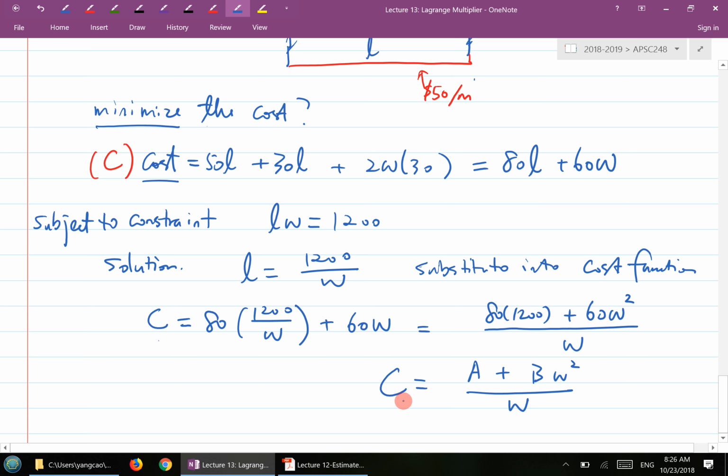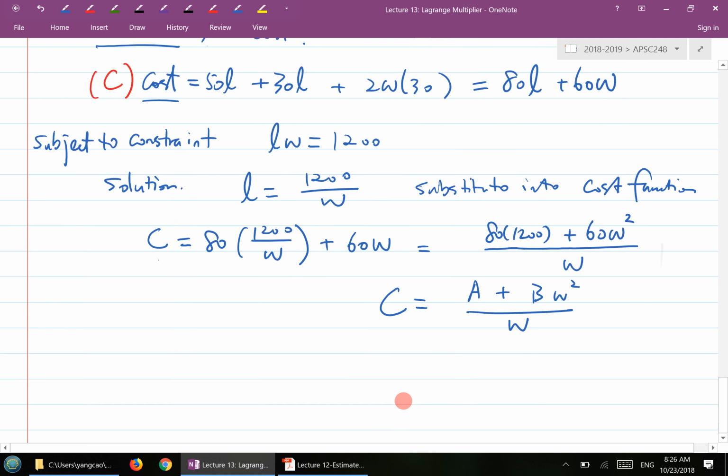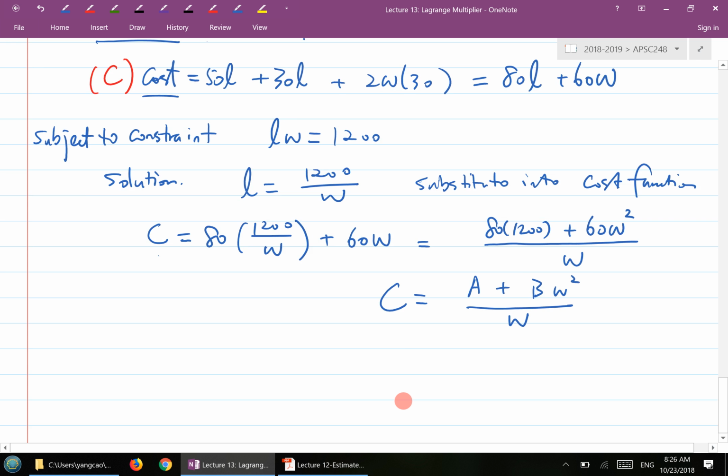If I'm going to minimize the cost, then I can treat this function C the same way as I treat a function of a single variable. So we set the derivative of C with respect to W equal to 0 and solve for stationary points. If I calculate the derivative of C with respect to W, you can apply the quotient rule.